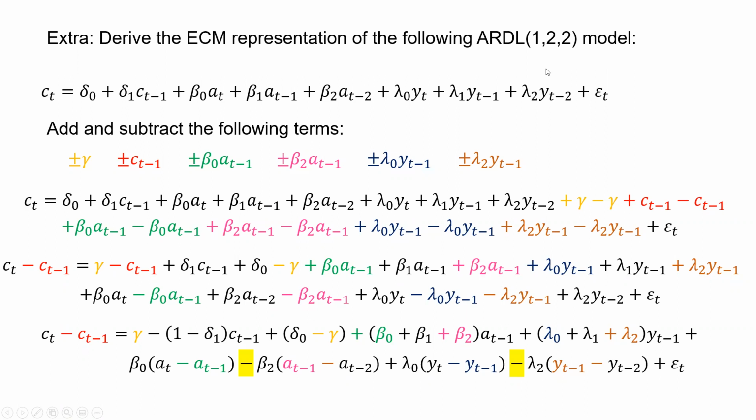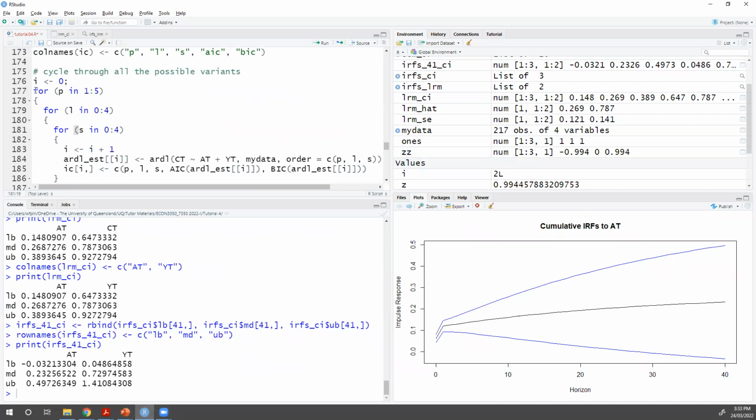So we will have 1, 0, 0, 1, 0, 1, 1, 1, 1, and so on, until 5, 4, 4. So all of those combinations, as we did last week, we will nest loops. P being the lags for CT will go from 1 to 5, L being the lags of AT going from 0 to 4, and S being the lags of YT will also go from 0 to 4.